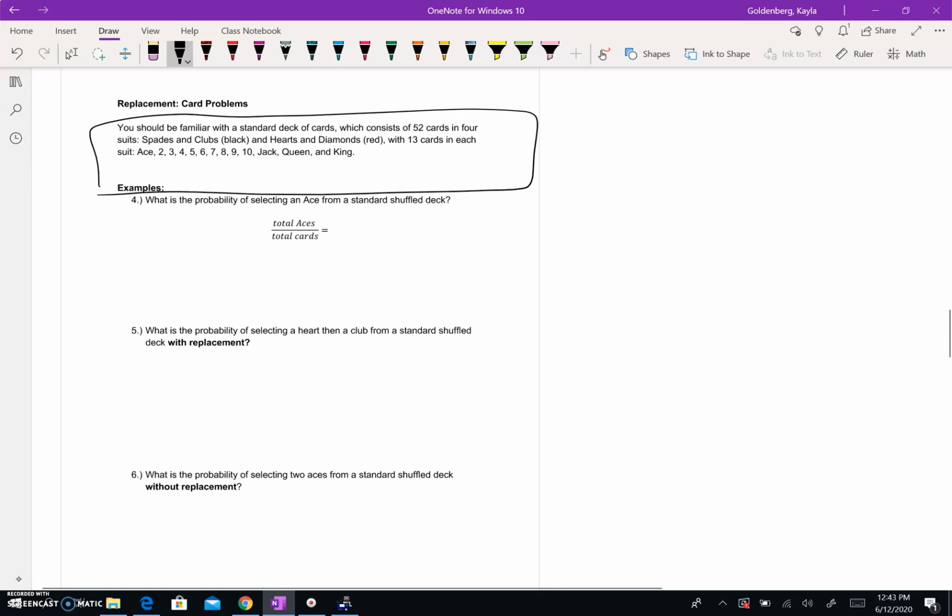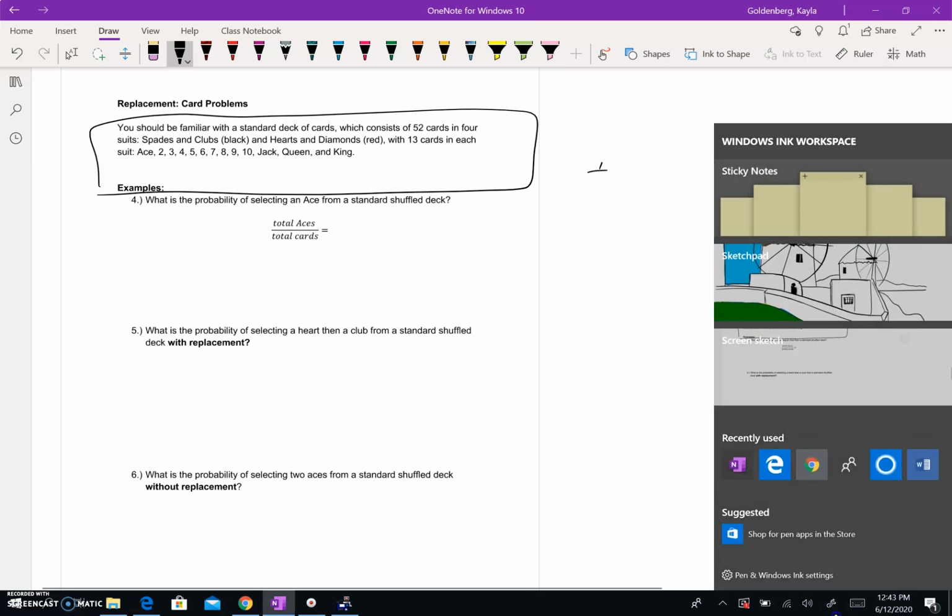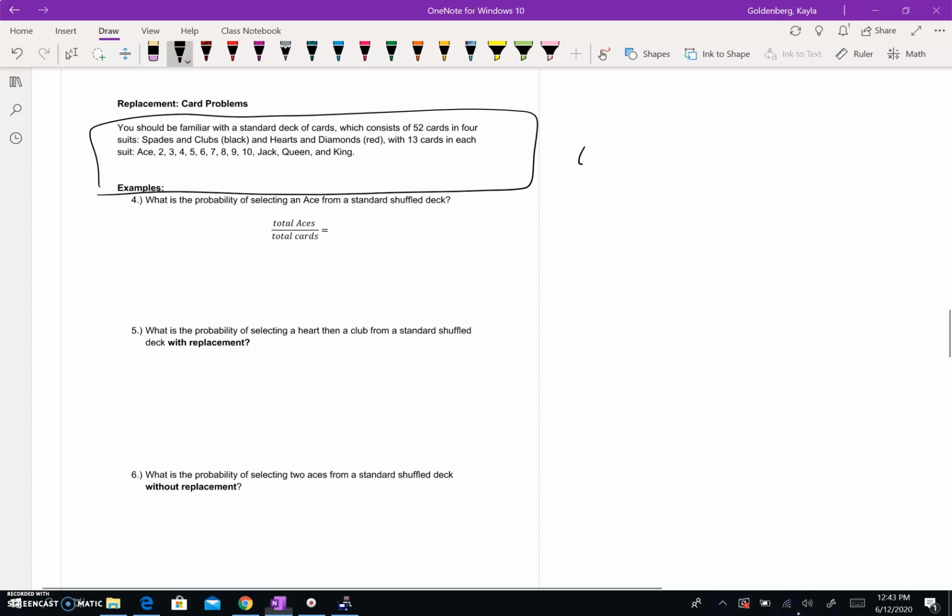There are 4 suits. There are spades, which I'm a terrible drawer for that. I've never been able to draw spades well, but they look like an upside down heart. There are spades, there are clubs, which looks like a 4-leaf clover. There are hearts, and there are diamonds.